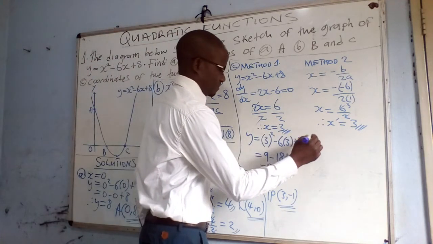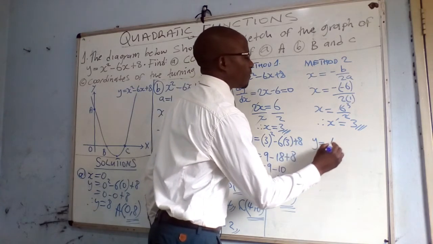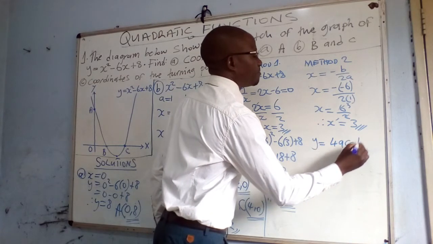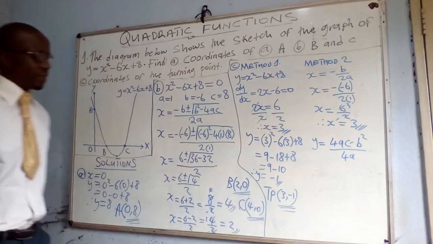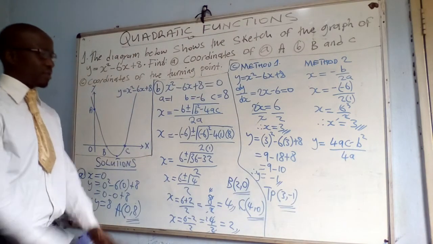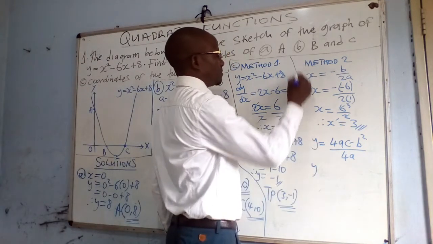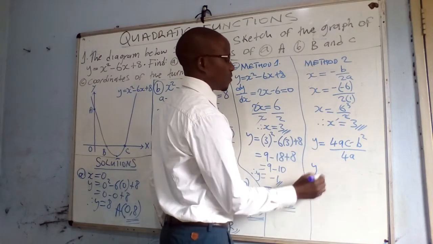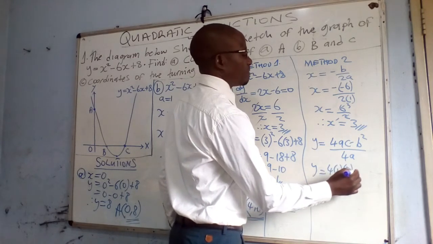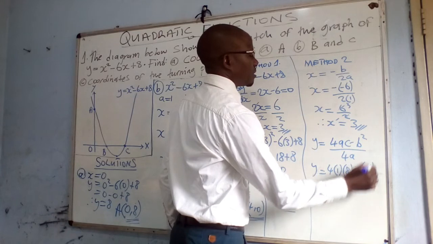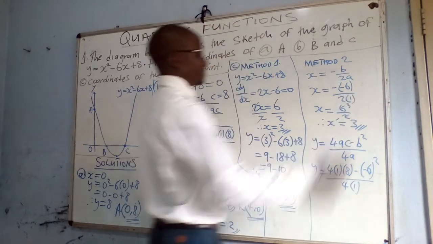Then we have y is equal to 4ac minus b squared over 4a. That is the formula we use to find the value of y. So you substitute. y is equal to 4 times 1 times 8, then minus our b, which is negative 6, to the power 2, over 4 times 1.